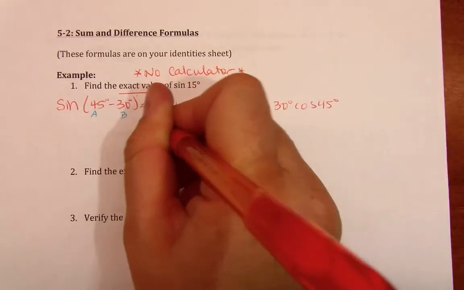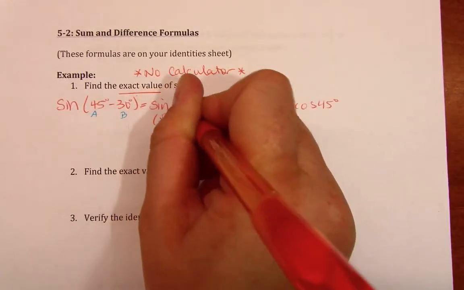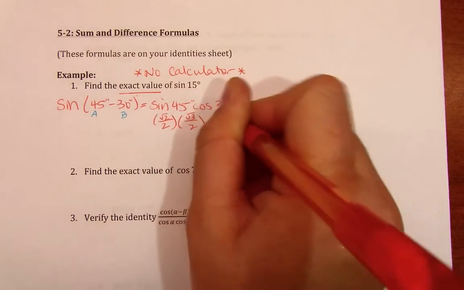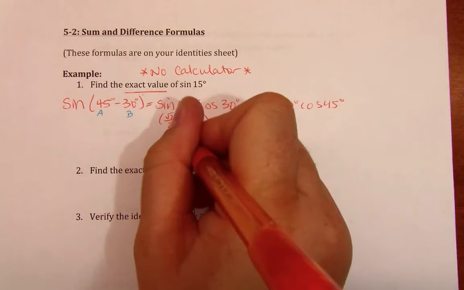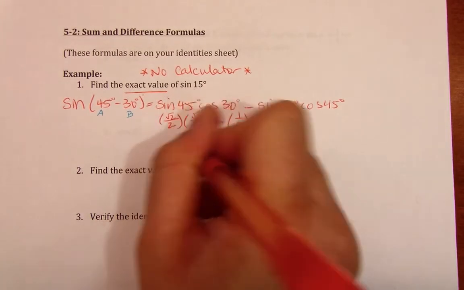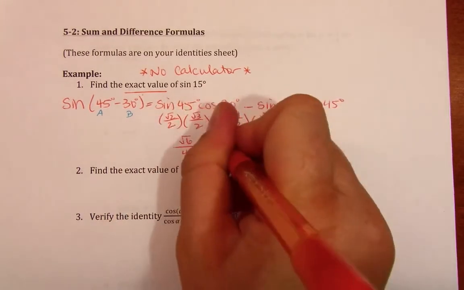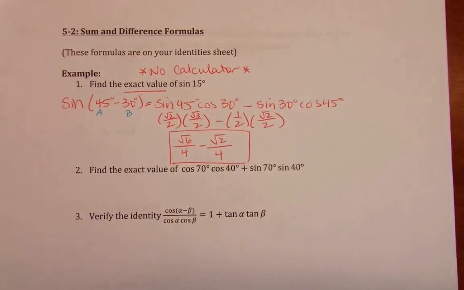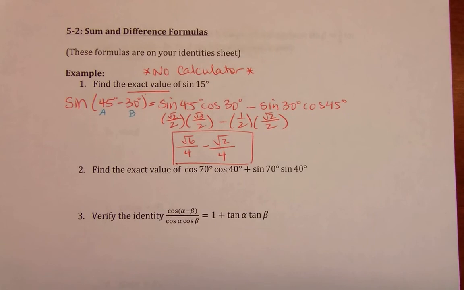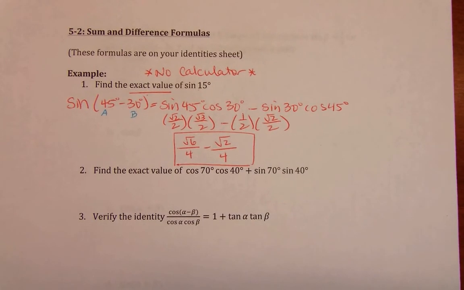That's root 2 over 2 and root 3 over 2 minus 1/2 and root 2 over 2. And then I have root 6 over 4 minus root 2 over 4, and that's my exact value. Okay, let's move on to the next one.